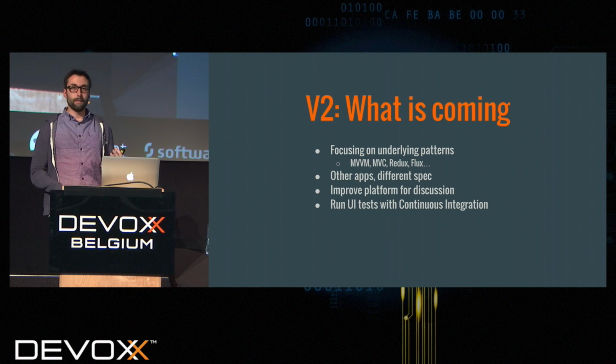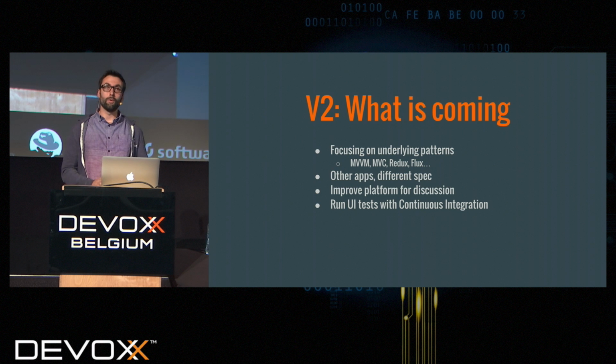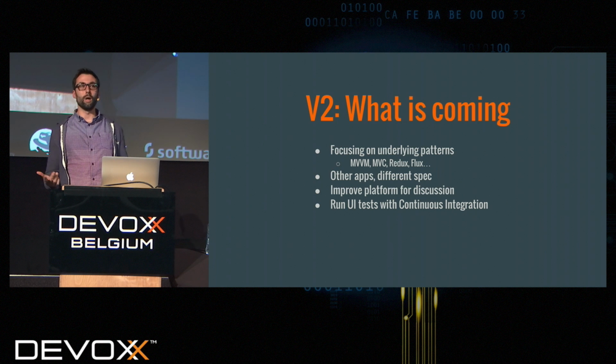In terms of V2, and this is the interesting part moving forward, it's only experience with MVP as the main sample, and it's only one to-do app. The future is to have different apps and how different architectures evolve in those samples as well. So we would like to see a chat client, or whatever you folks want to see, and explore more things than just a to-do app.